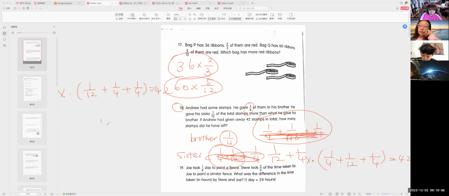Okay, so now we have 1 plus 3 plus 3, so 7x times... 7/12 x equals 42. Okay, here the teacher will teach you something. So Andrew, I don't want 7/12 here. How do I get rid of it? I'm not very sure.